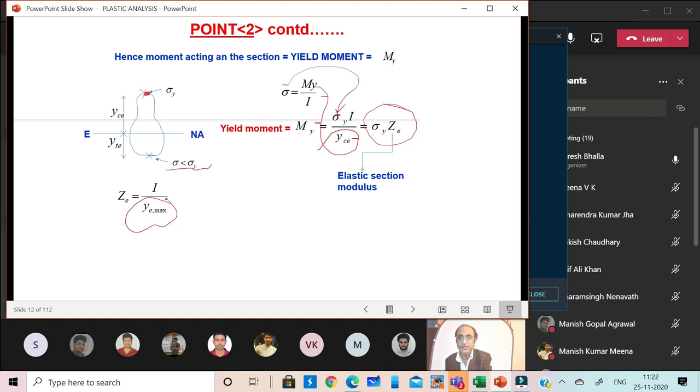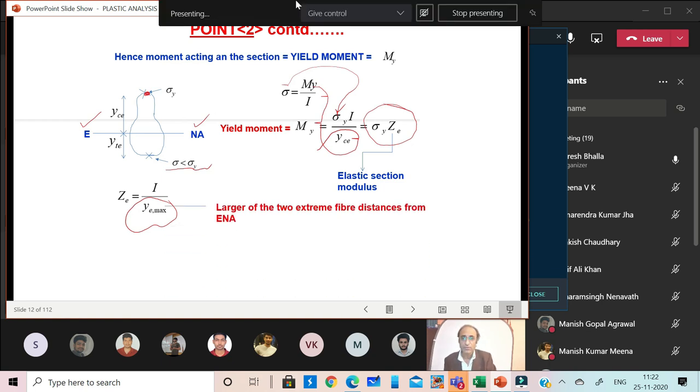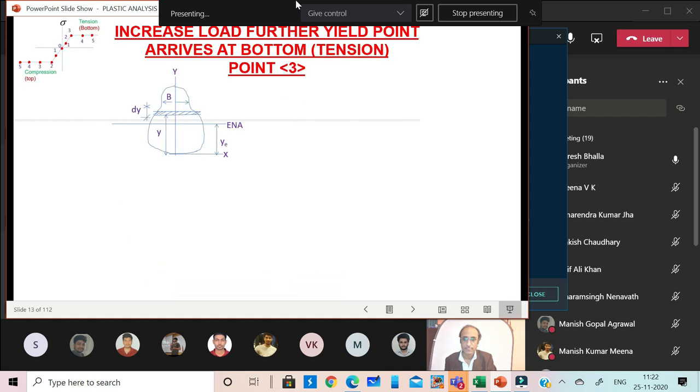This neutral axis is the elastic neutral axis, that's why we are using ENA. NA stands for neutral axis, E stands for elastic. So basically we have to use the larger of the two fiber distances, that will define the neutral axis depth suitable for the section modulus.